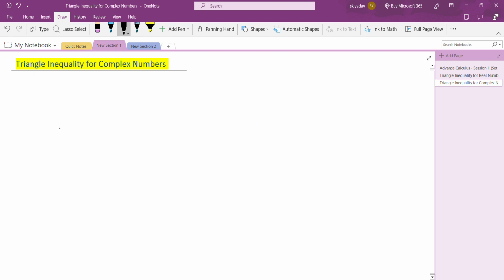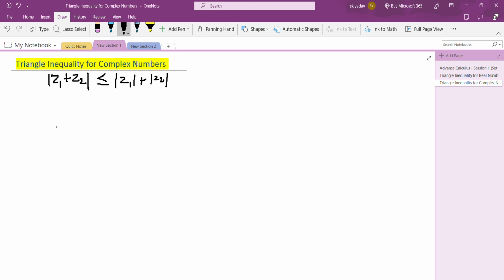Now we have Z1 and Z2, and we write the modulus of Z1 plus Z2 is less than or equal to the modulus of Z1 plus the modulus of Z2. That is the thing we are going to prove.